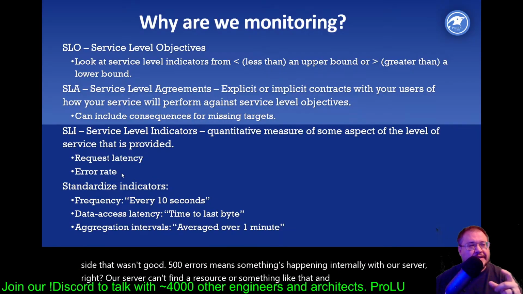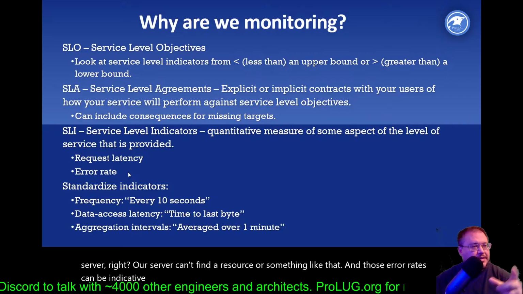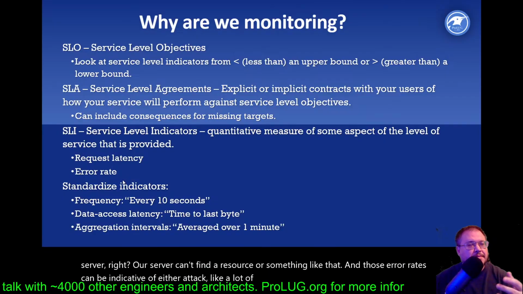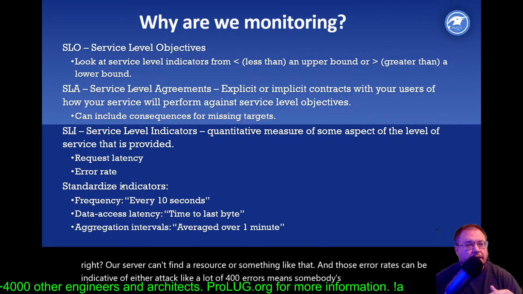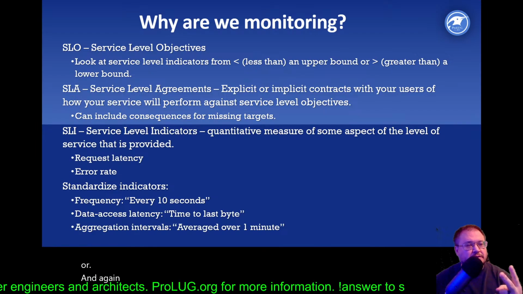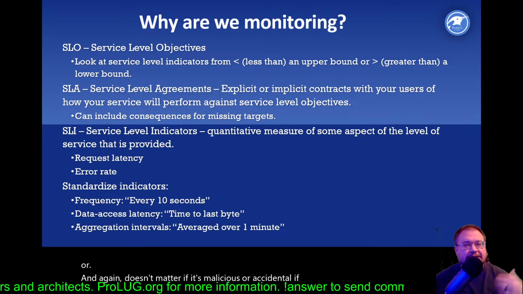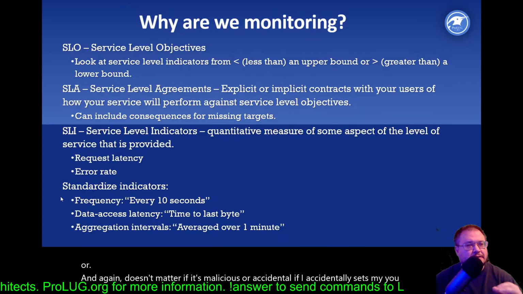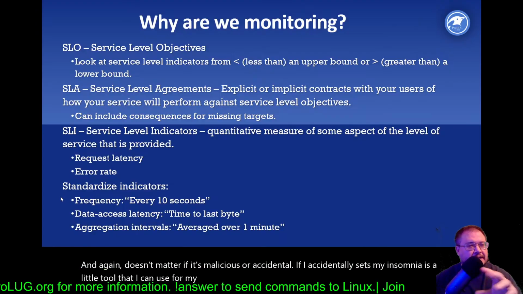And those error rates can be indicative of an attack, like a lot of 400 errors means somebody's doing something, and again, it doesn't matter if it's malicious or accidental. Insomnia is a little tool that I can use on my desktop to hit APIs, right?